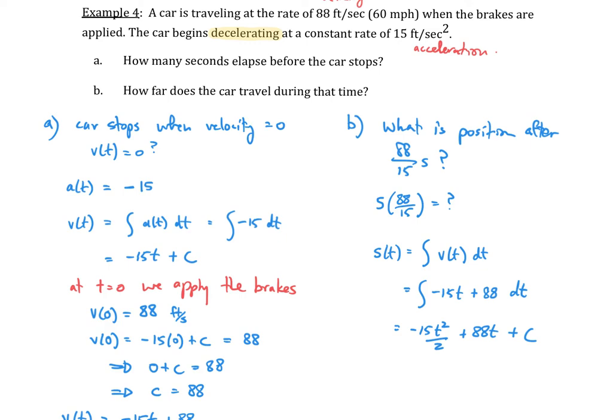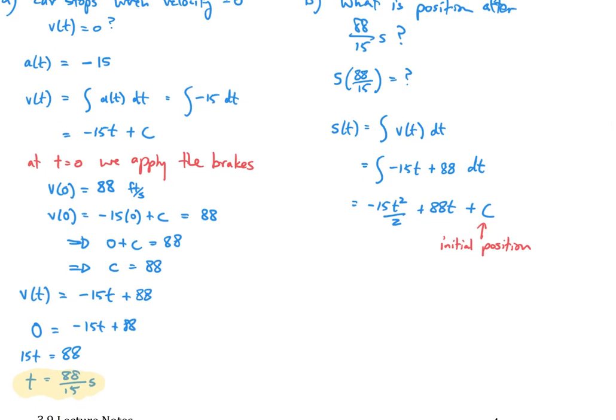Now, this c should be the initial position. So let me label that as the initial position. Okay? But that initial position is going to be 0.